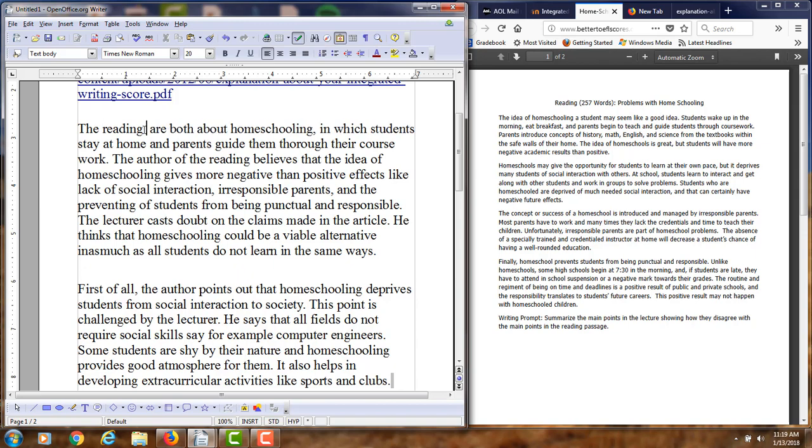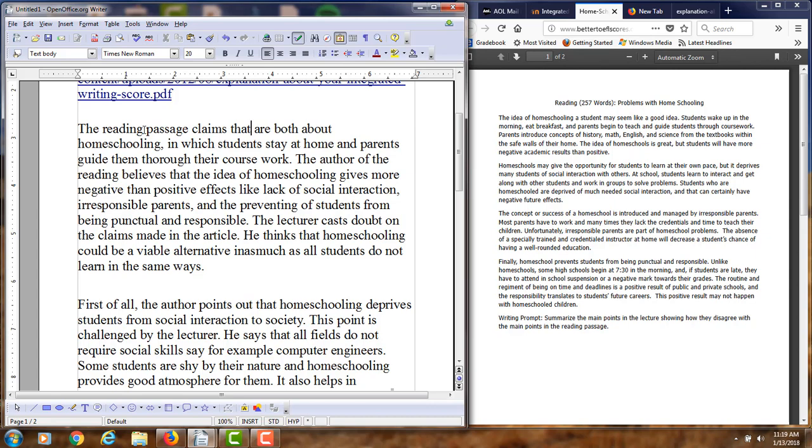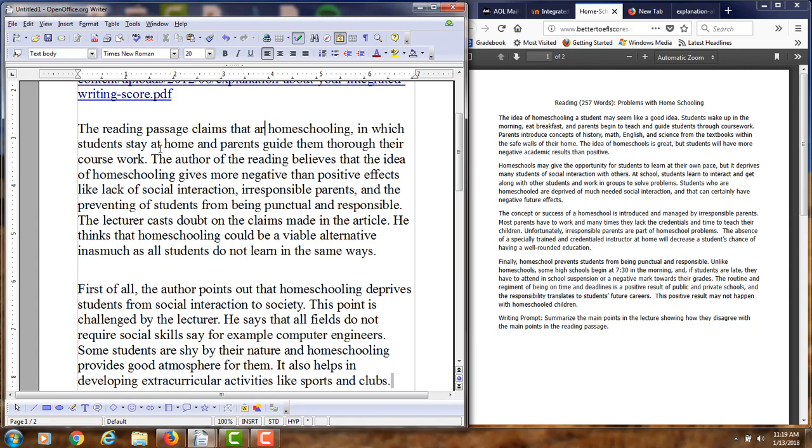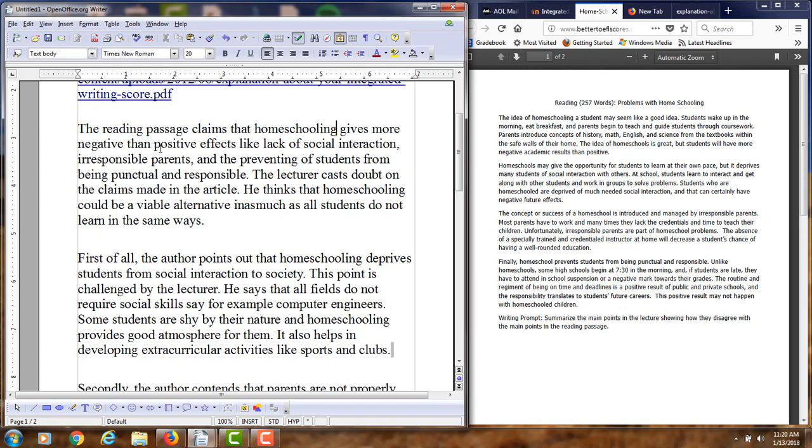So the reading passage claims that, what if we say this? That homeschooling, I'm going to get rid of most of this idea here. How about this? Check this out. Most people know what homeschooling is. The very name of it tells us what it is.